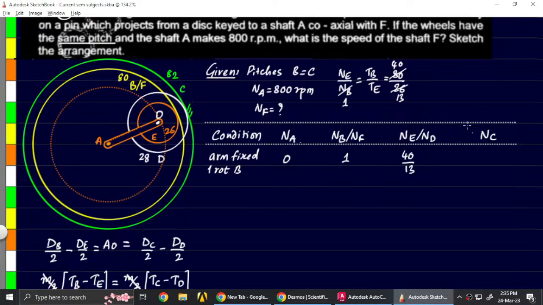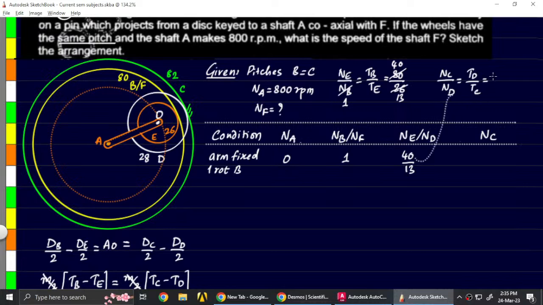Next, we have to find NC. So NC, you can see C is meshing with D. So NC by ND will be equal to TD by TC. Once again, this is going to be positive. It's not negative because the meshing is happening externally. Then TD and TC, both values we know. ND, we have to substitute from over here.